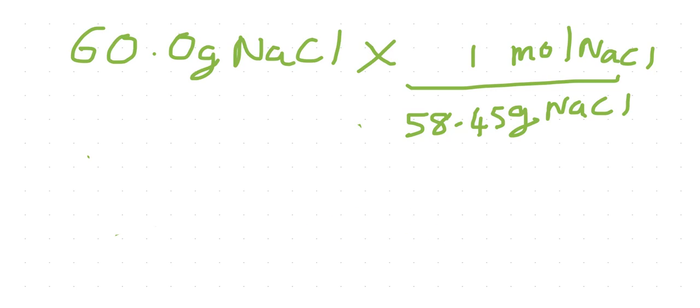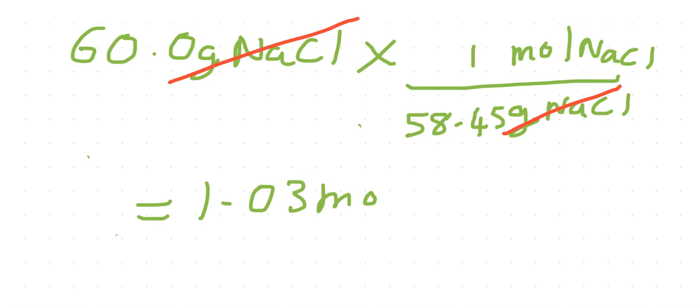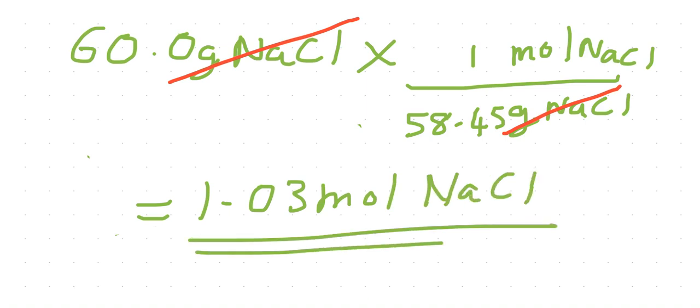And if I cancel out the units that are the same on the top and the bottom and plug the rest of this in the calculator, I should get 1.03 moles of sodium chloride as my answer.